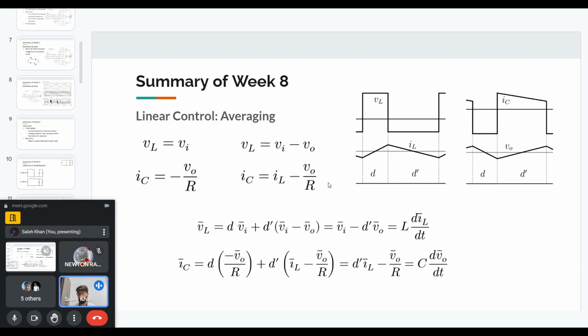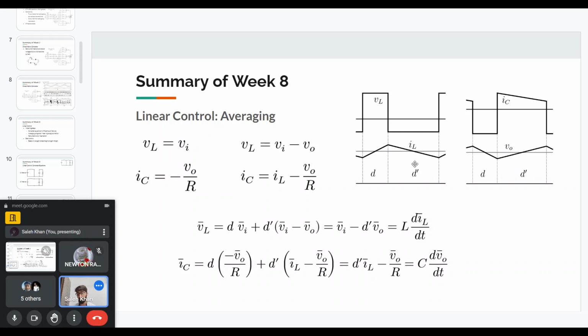And if we want to find the average voltage, for some fraction we will get the input voltage, and for some fraction we'll get input minus output voltage. Here I have used the small ripple approximation, so I have replaced Vi, Vo and iL by their average values. These dashed values are averages over one switching interval.